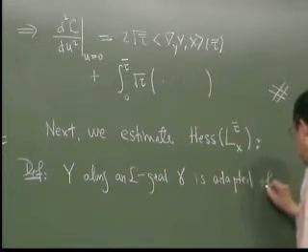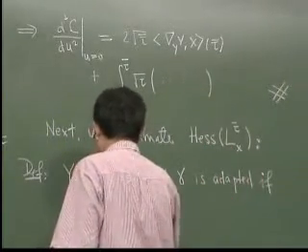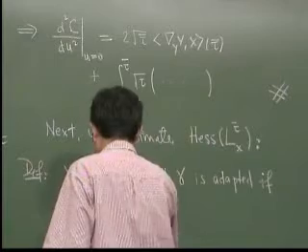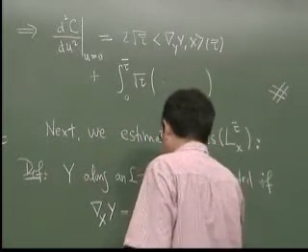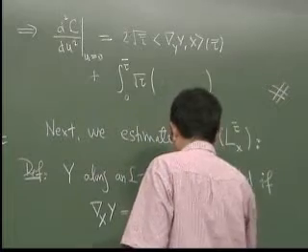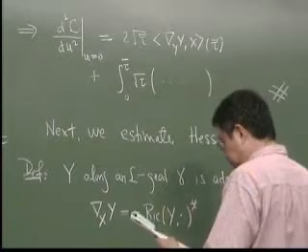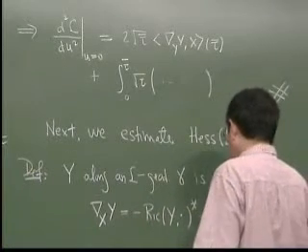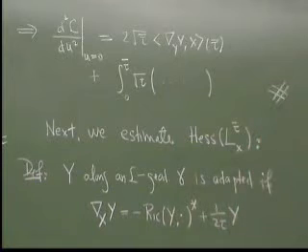If it satisfies the following equation, X plus equals minus Ricci of Y dot star, plus tau of Y.